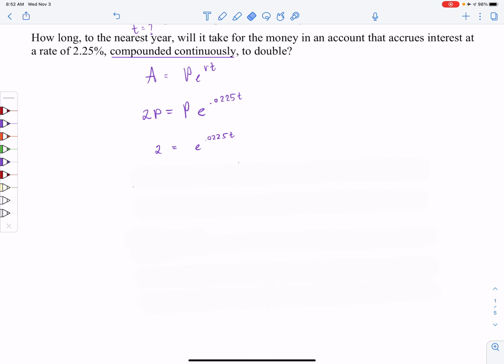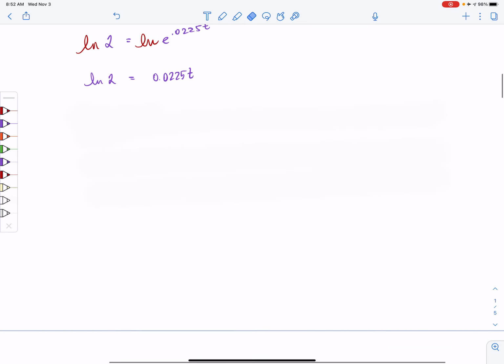Then I can log both sides, and I'll use my properties from previous sections, knowing that this right here, natural log of e raised to any power, is just simply going to equal my power. Again, you can look at past videos for that information for those properties.